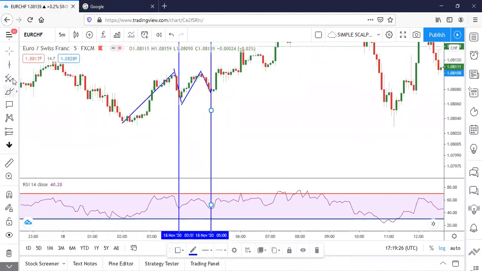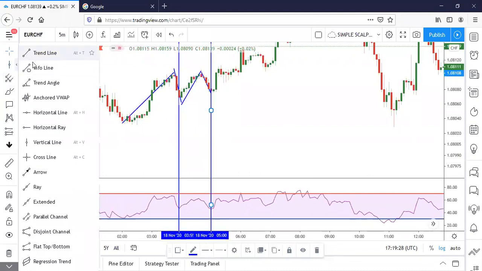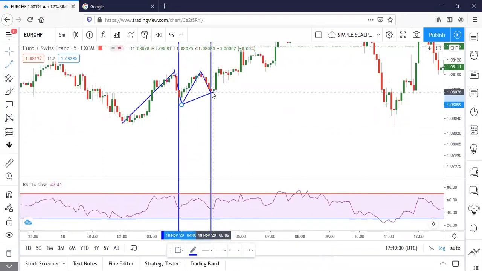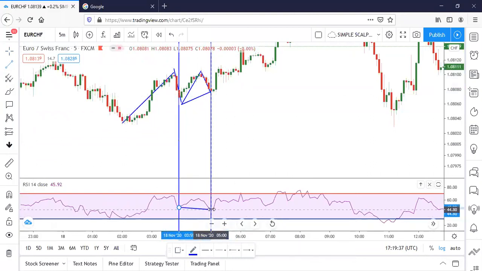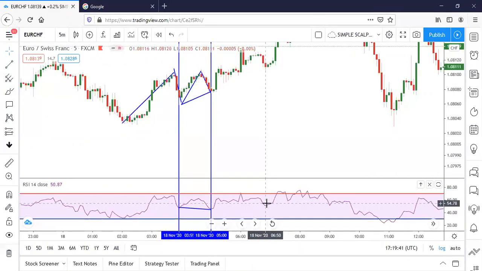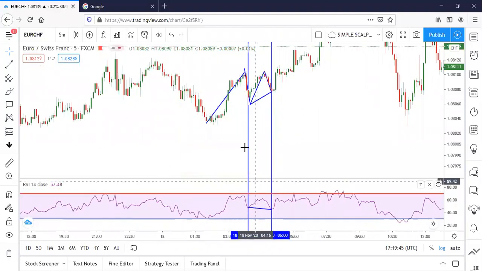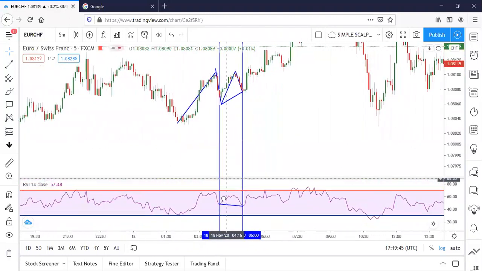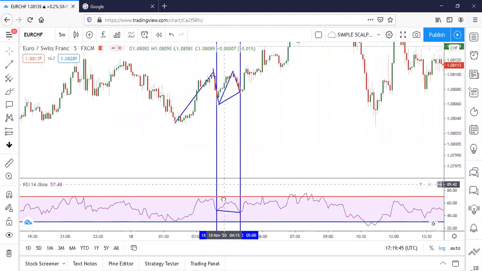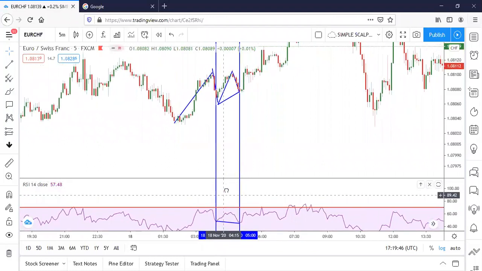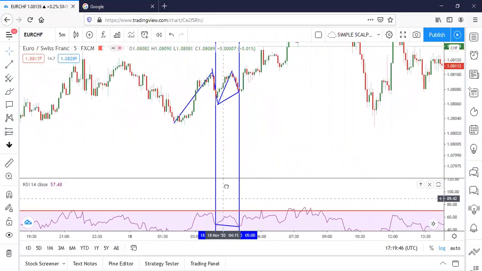When you do this, you connect these two areas together within these two vertical lines, then come to your indicator, and you can see this one is also facing that. I hope this is clear to you guys. Can you see? This one is more perfect than the one I showed you earlier on.